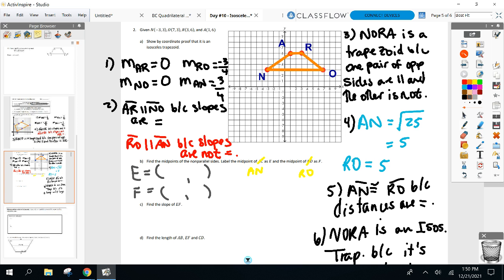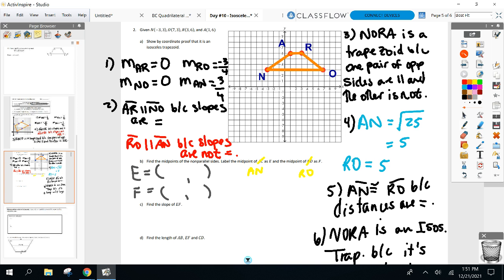Make sure your midpoint lands on your trapezoid. Actually, it has to be minus, because 4.5. Well, you're dividing it. How we doing here? Maybe I should have given you the midpoint formula, huh?